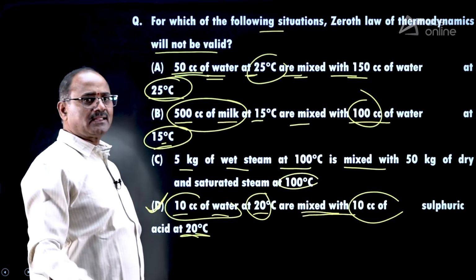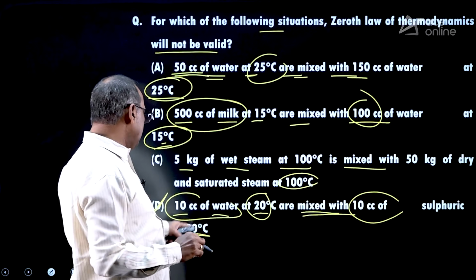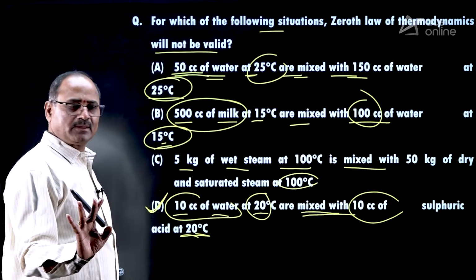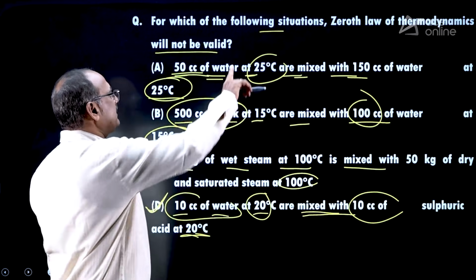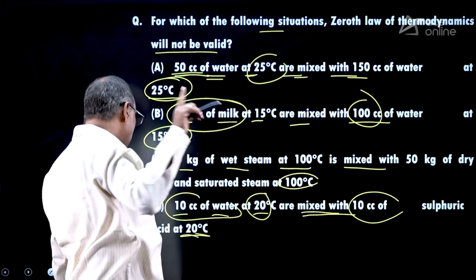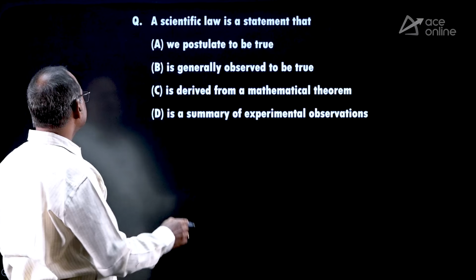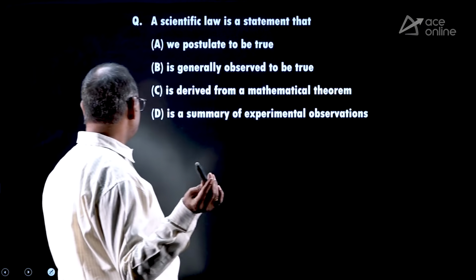But in the last case, because of the chemical reaction, the temperature may change, though initially water and sulfuric acid are at the same temperature. Anyhow, D is the invalid statement for the zeroth law of thermodynamics. That invalid statement is our option. Option D is absolutely correct. Okay. Similarly, look at another important question asked in one of the competitive exams.